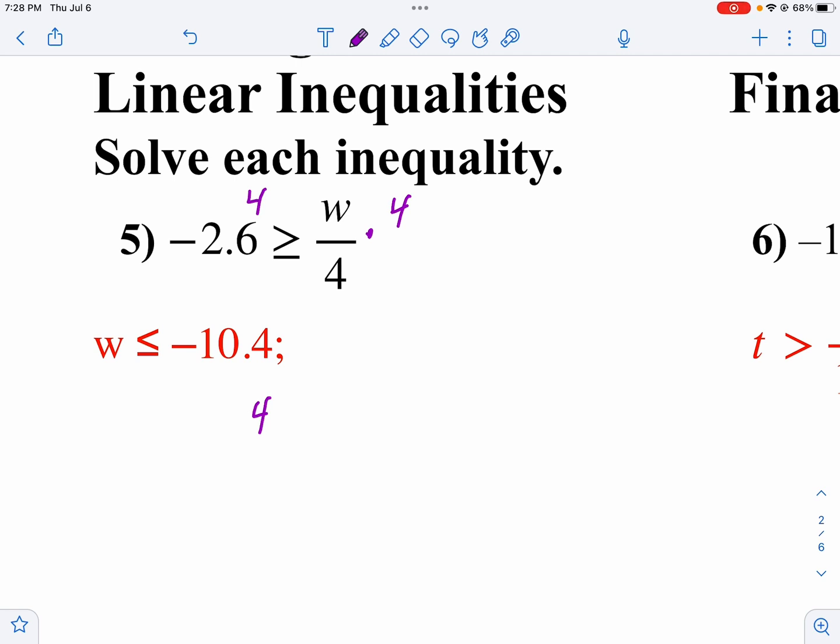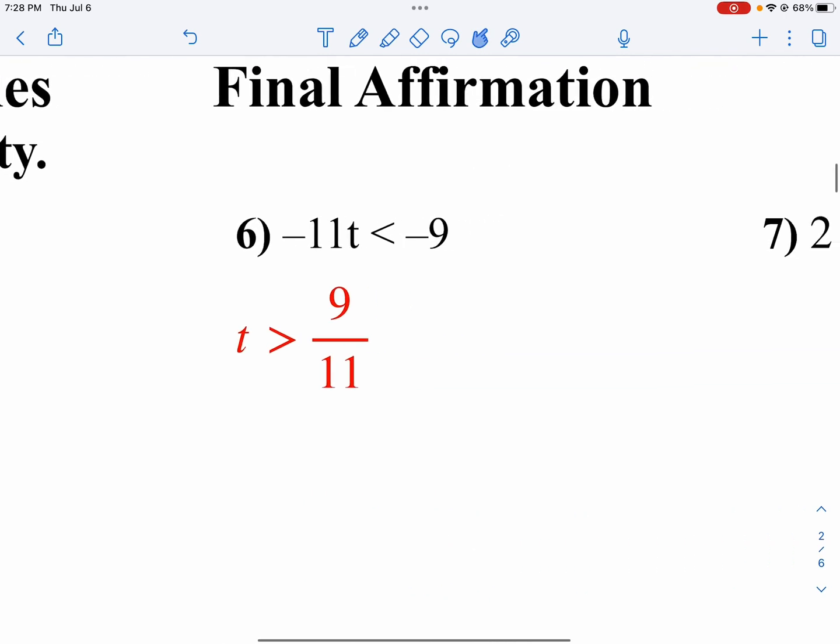Carry the 2, so we get negative 10.4 is greater than or equal to W, because I'm multiplying both sides by a positive number. I would just leave my answer like that. If you want to, you can flip it so W is on the left-hand side, like I did in the typed solution, but that's all you would have to do in that one.